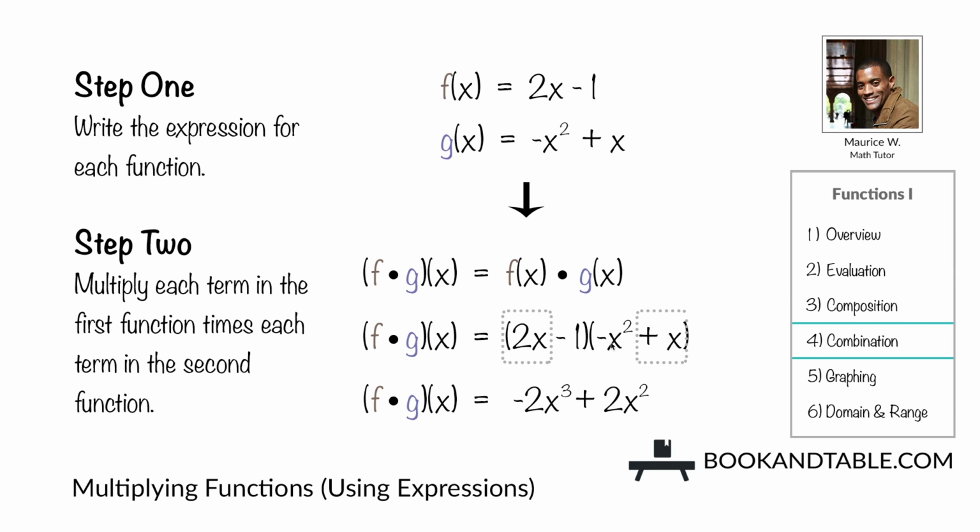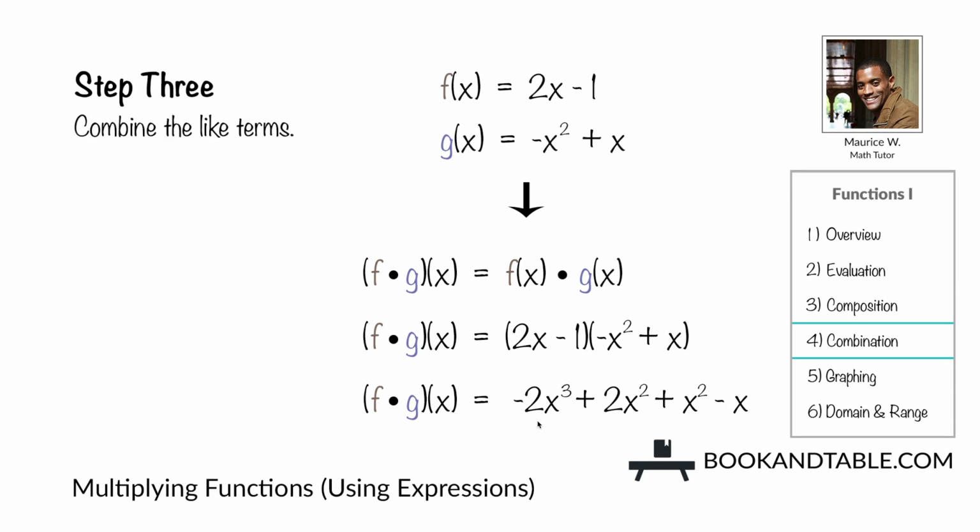And now, since we've multiplied both terms in the second function by this term, we now want to multiply the second term in the first function times both terms in the second function, giving us negative 1 times negative x squared, which would be positive x squared. And then negative 1 times x gives us negative x. So we get negative 2x cubed plus 2x squared plus x squared minus x.